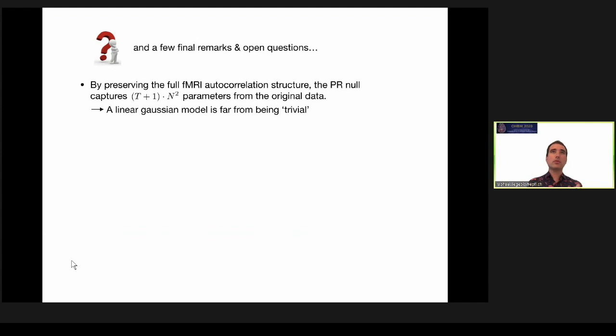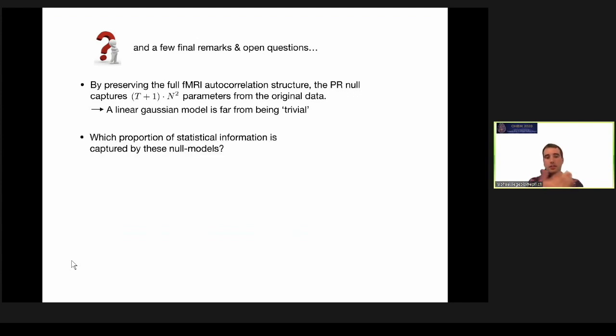But let me remind you that based on what we have seen before, the space that is covered and described by a linear and Gaussian model of high order has (t+1) times n² parameters, where n is the number of ROIs or number of voxels, and t is the number of time points. So if n is typically a few hundred in an atlas-based analysis, and t is 1,200 for HCP data, this means that the space in which we are navigating is huge.